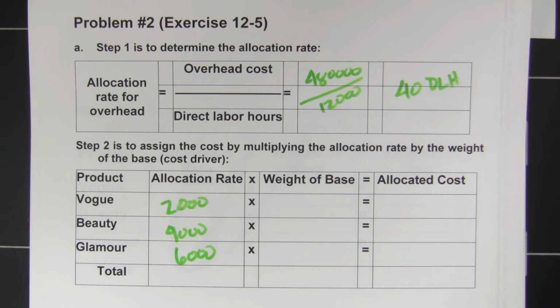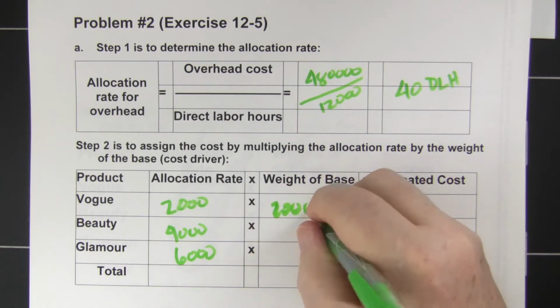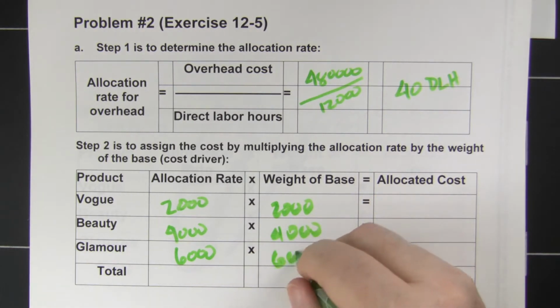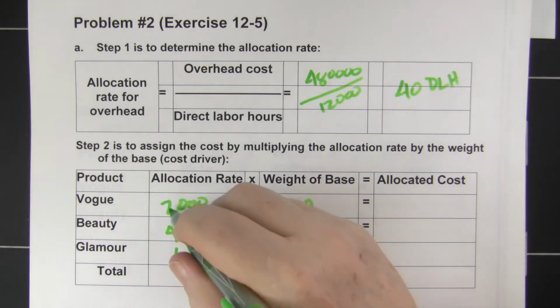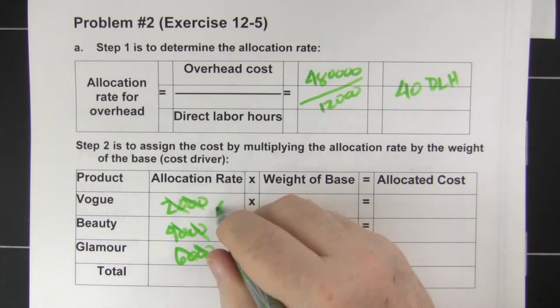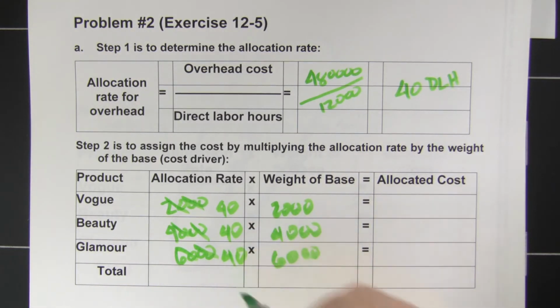And actually I managed to screw that up. It should be this way. The 2,000 should be here. The 4,000 should be here. The 6,000 should be there. And this should be the $40. I'm such a moron sometimes.